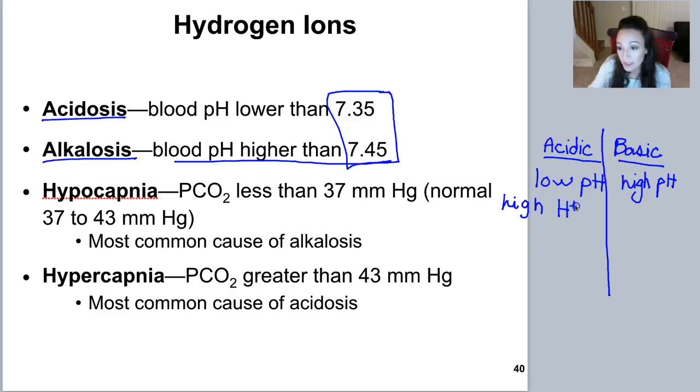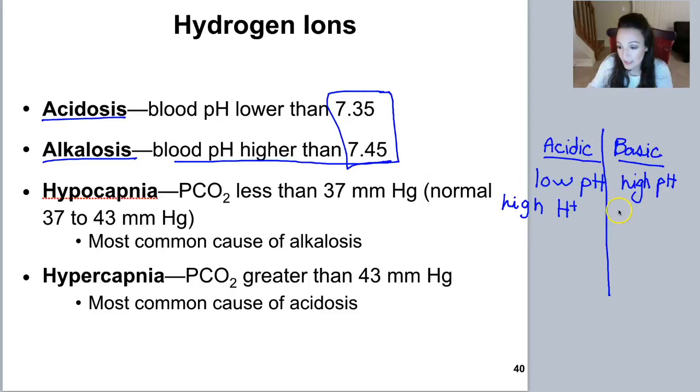And I know that that might not be intuitive for you to memorize, so I just want you to memorize it, okay? So acidic means that we have a lower pH but a higher concentration of hydrogen ions. I like to think hydrogen ions cause something to be acidic, okay? So when we have a lot of hydrogen ions, that means we're becoming more acidic.